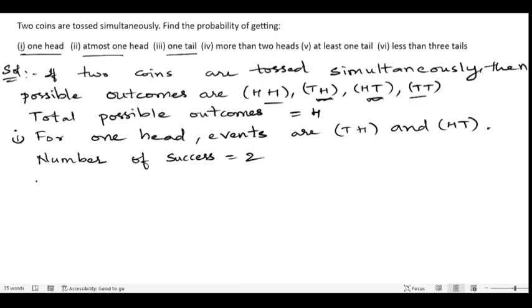So therefore, for finding the probability, we know that probability is equal to favorable outcomes by total number of outcomes.